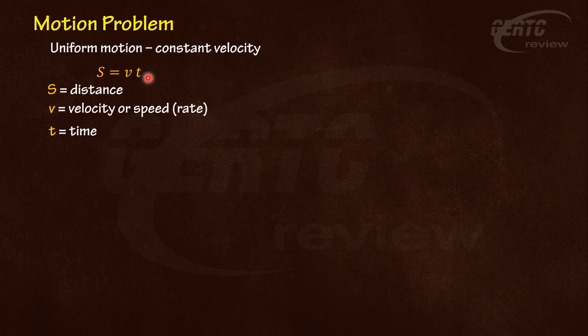Now, most problems involved in board exam, sa motion problem, mag-involve either, sinabi ko kanina, airplane flying with the wind or against the wind, or di kaya boat going downstream or upstream, a river. So, if you have this type of problem, we have here the resultant speed. Let's say, for example, an airplane or a boat is traveling with a wind or water in the case of a boat.